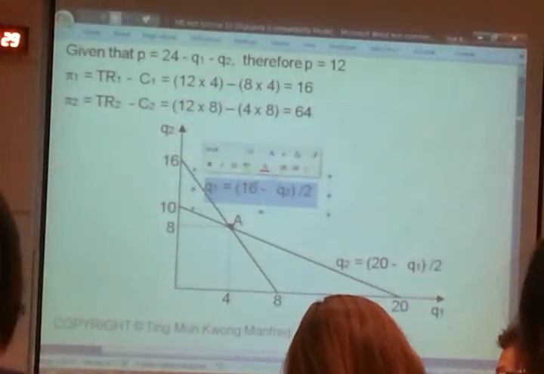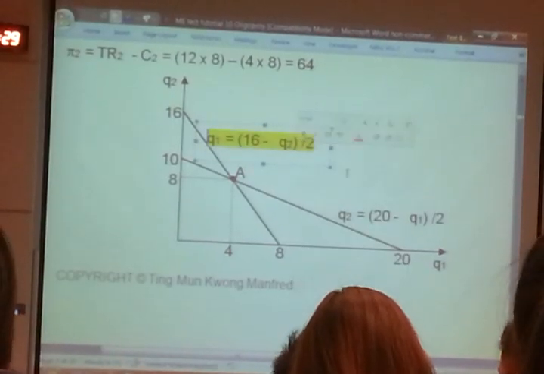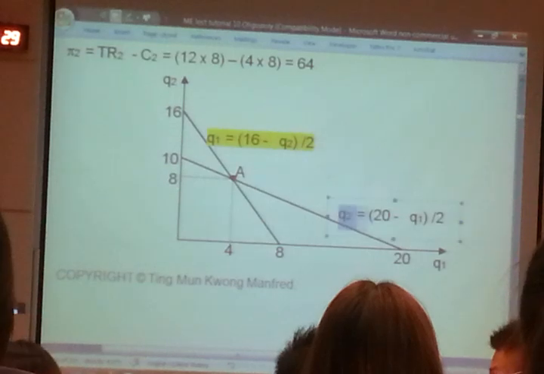Equation 1 is this, and your equation 2 is this.